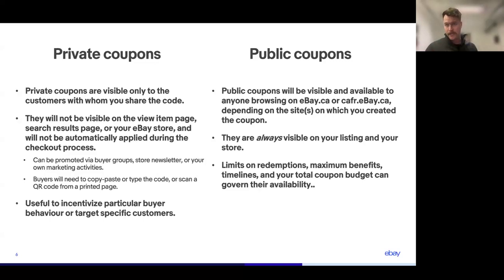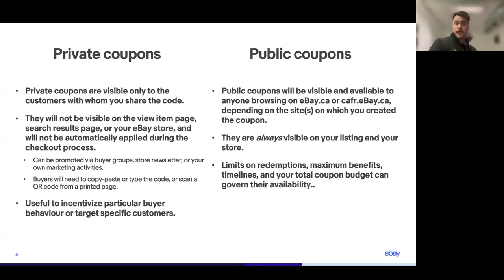So if I push it live on eBay Canada, it'll be available to ebay.ca buyers. Anybody who's eligible will be able to see that item, whether they're browsing in the search results page, or they're on your store visiting the sales tab, or they're just on that listing. Those are the three ways that a public coupon will surface.